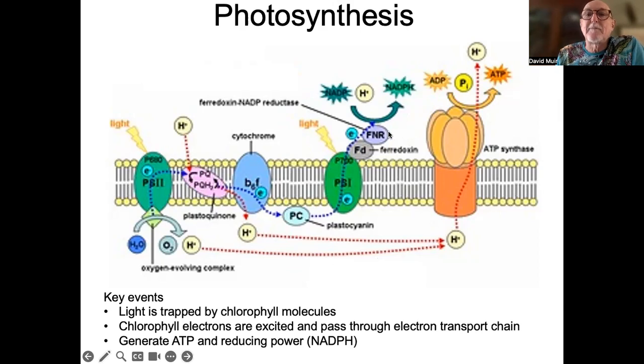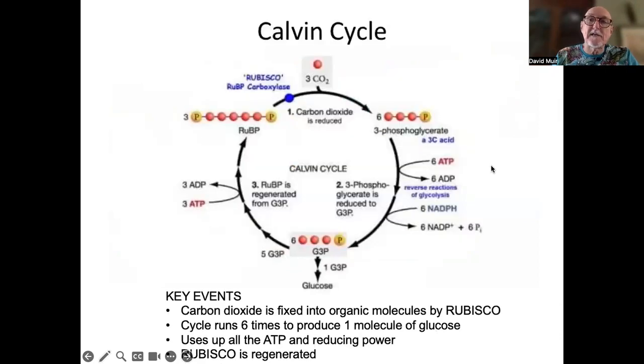But much, much more importantly is this NADPH, the reducing power. And all of this is going to be sent off now to a system which is going to be able to manufacture organic molecules. This is our energy stage. This is how the plant accumulates energy and converts light energy into chemical energy. And we're now going to follow this as it goes to the next stage of photosynthesis.